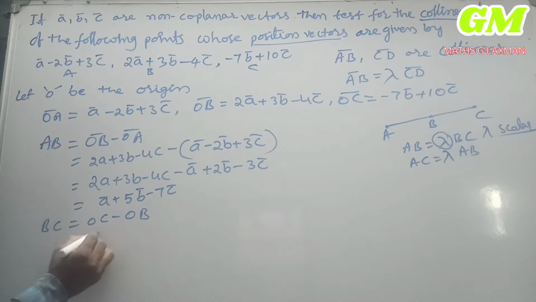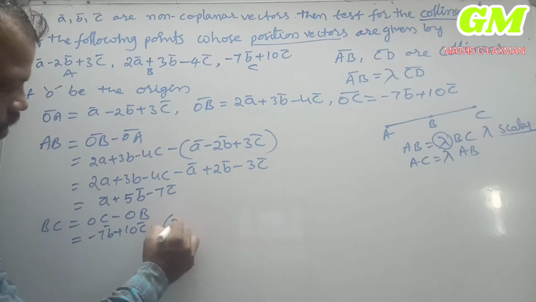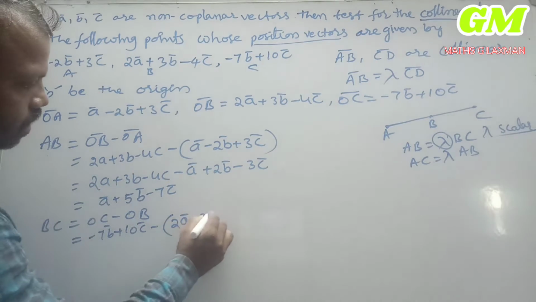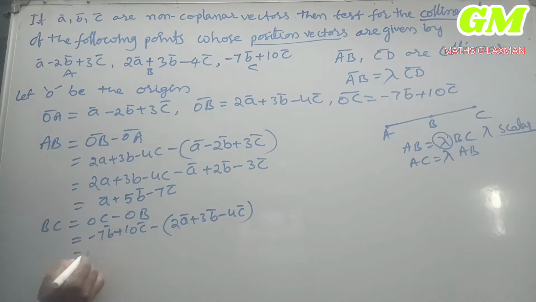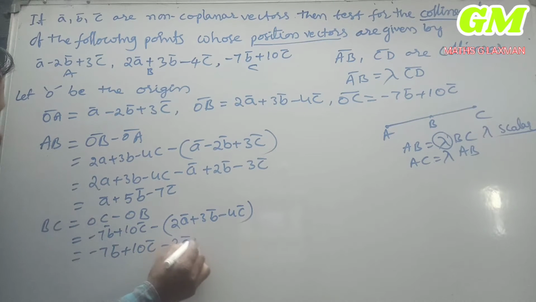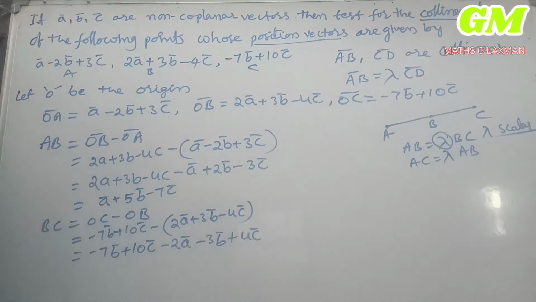OC is given minus 7B plus 10C, minus of OB is 2A plus 3B minus 4C. So minus 7B plus 10C minus 2A minus 3B plus 4C. Now simplify this.